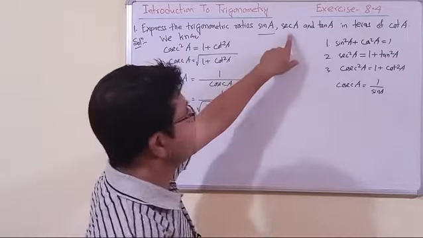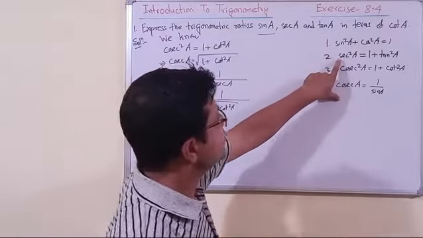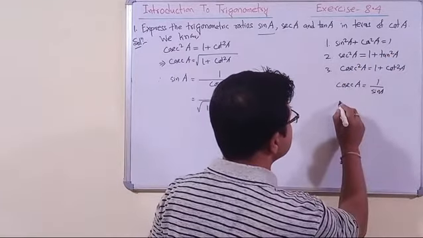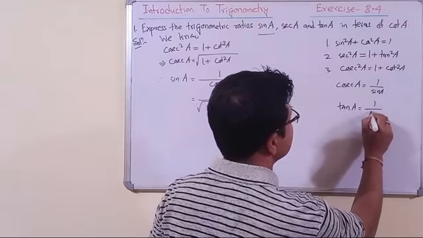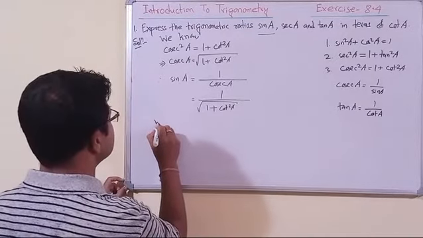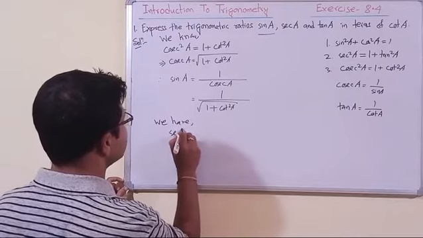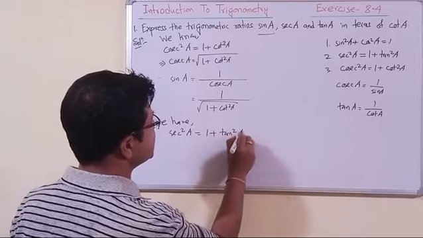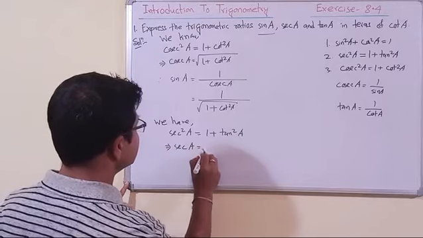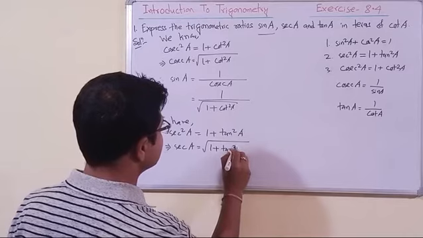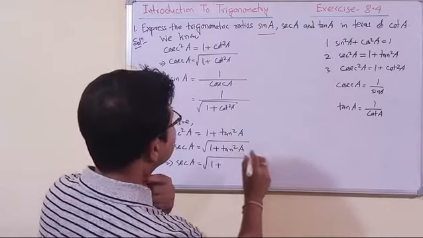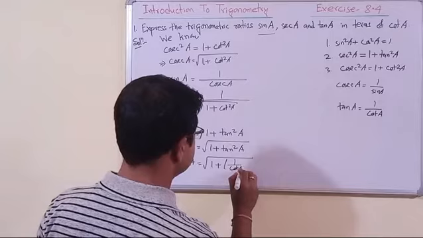Now sec A. If we want to find sec A, we need tan A. There is a relation between tan A and cot A. What is the relation? tan A is the reciprocal of cot A, or cot A is the reciprocal of tan A. For the next one, we have sec square A equal to 1 plus tan square A. Alright students, so sec A is the square root of 1 plus tan square A, which means 1 plus (1 by cot A) whole square.